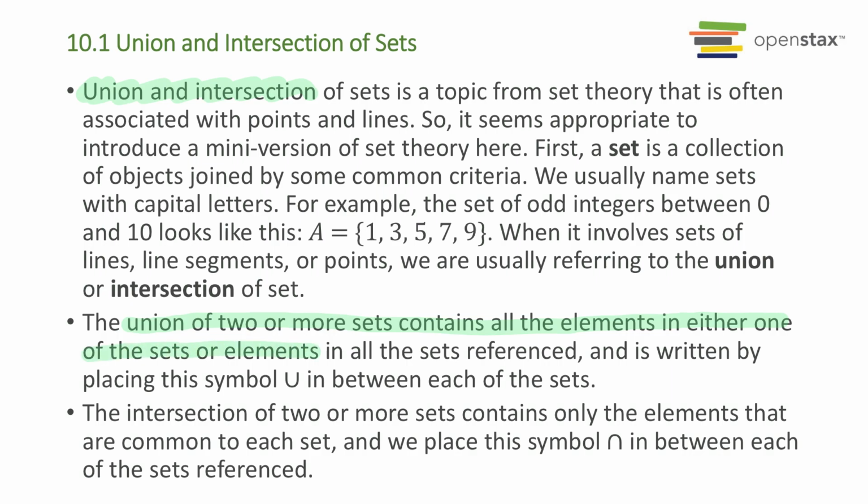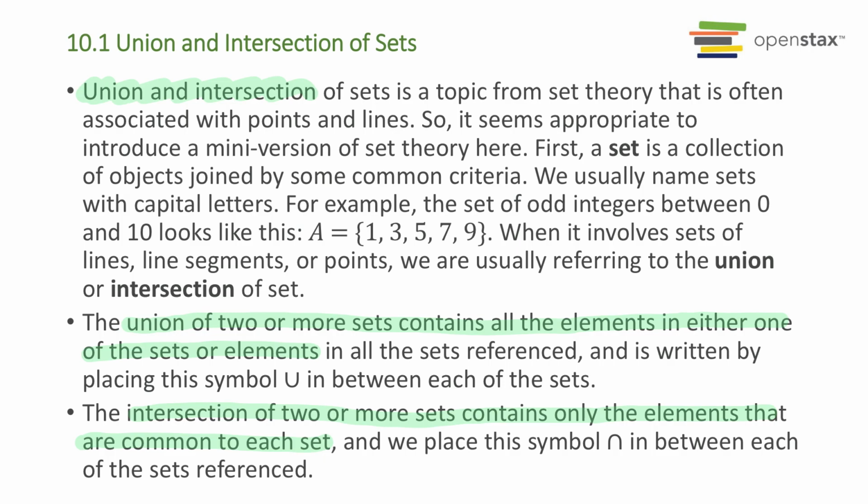So union is bringing everything together, and we're not counting duplicates. If there's duplicates, we only need one thing to represent it. So union brings together. Intersection contains only the elements that are in common to each set.